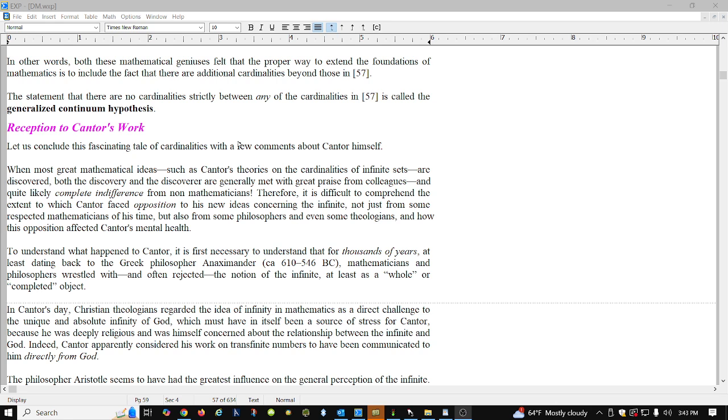Well, to understand what happened to Cantor, we first have to look farther back in history, dating back thousands of years, way back to the Greek philosopher Anaximander. And he and mathematicians of his time, and philosophers as well, wrestled with just the notion of the infinite, never mind how many infinities there are.